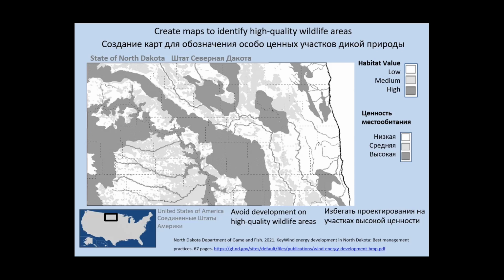So here, the deep gray areas represent habitat with the highest value to wildlife or to biodiversity overall. A map such as this can be used for biologists and renewable energy developers to see where they could avoid conflict with biodiversity. So maps like this can be used to try to convince energy developers not to build in certain areas.